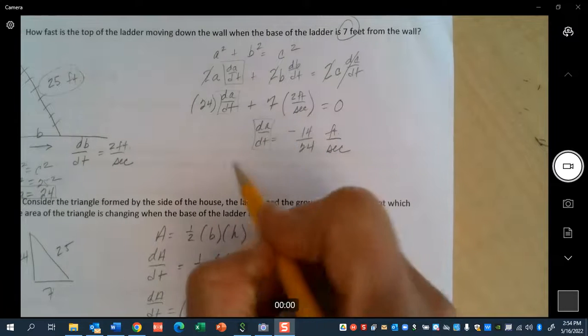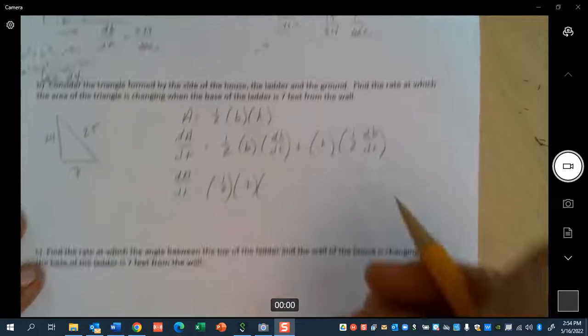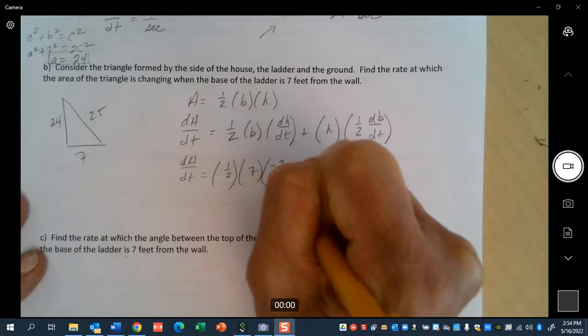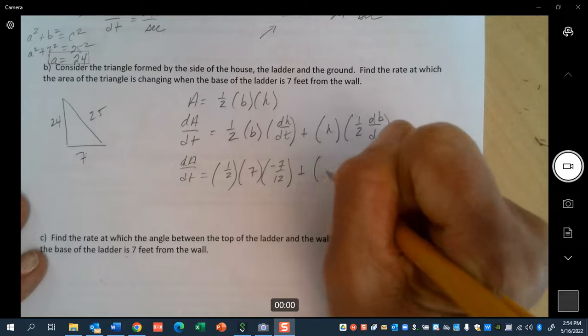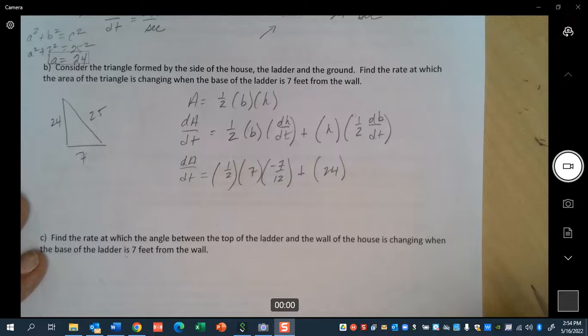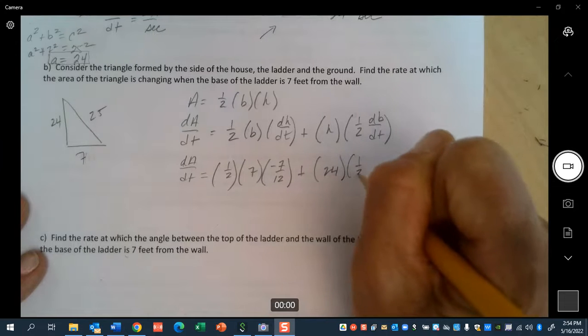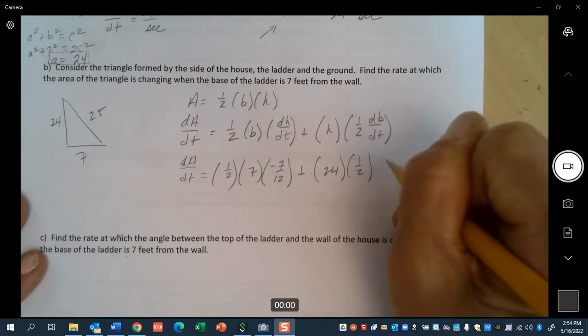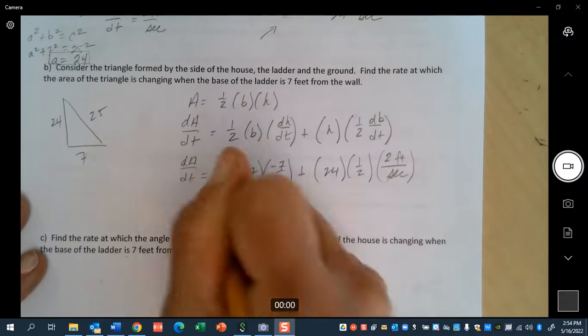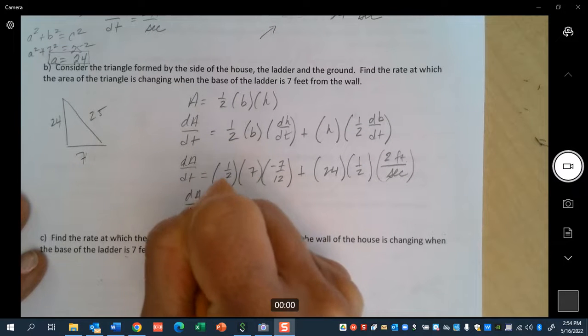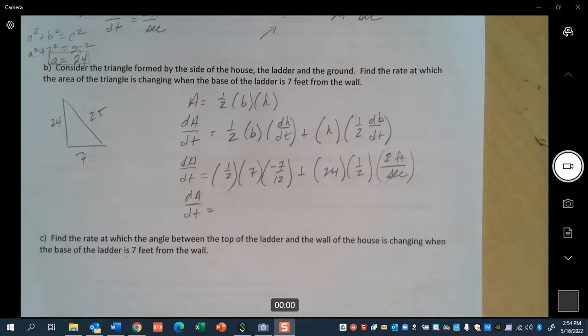That's what we just found up here. My height is 24. And we knew that my base was moving at a rate of 2 feet per second. So this is a cool problem because you need the stuff from A to answer B.